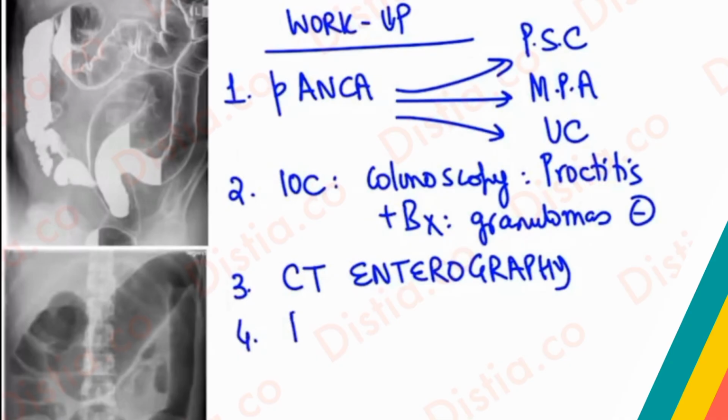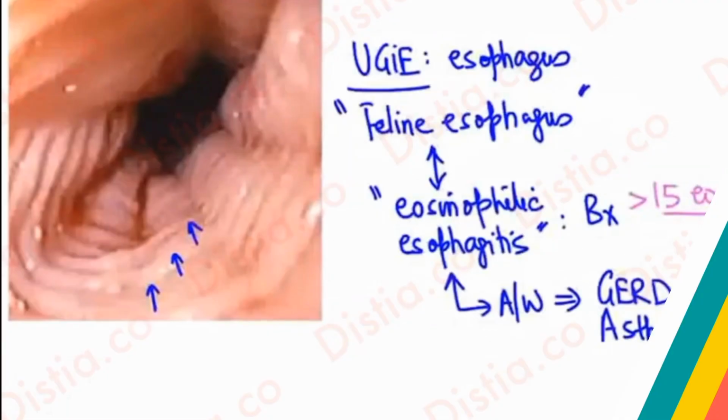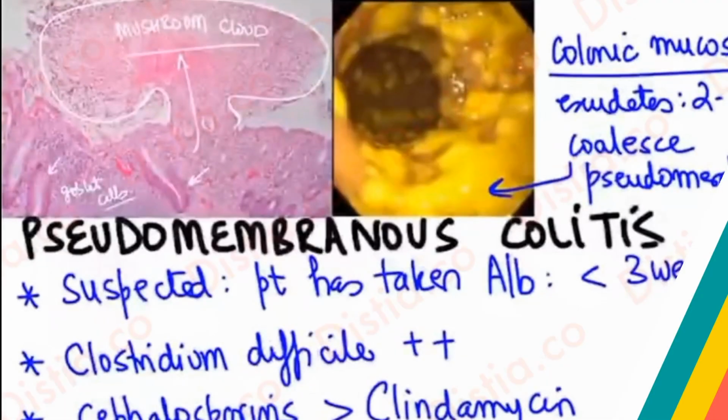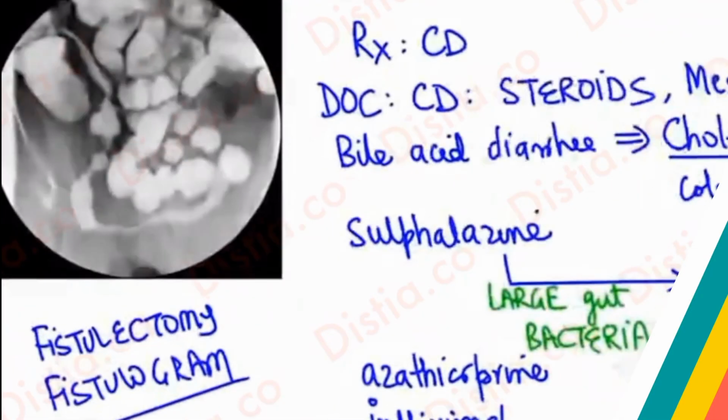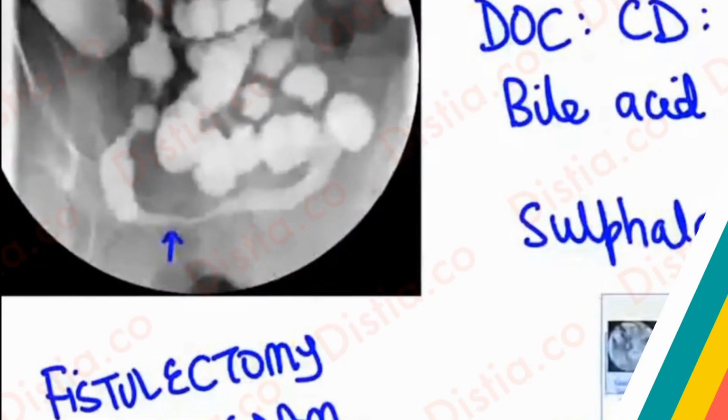Apart from this, classically, barium enema findings are also asked. As you can see on the board, the barium enema finding related to the colon can be seen here, which is called pipe stem colon. In one of the earlier slides that I had shown to you, I had shown a very classical slide for Crohn's disease, where you will be able to see not one, but multiple sites of strictures present.